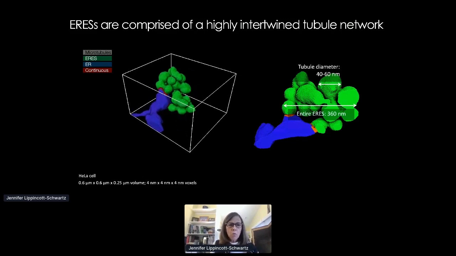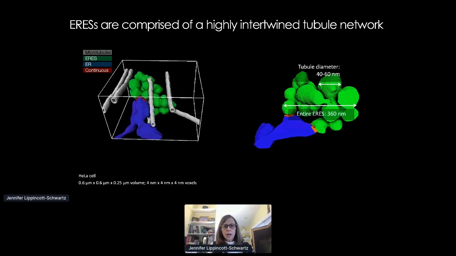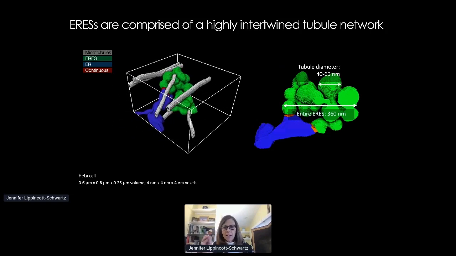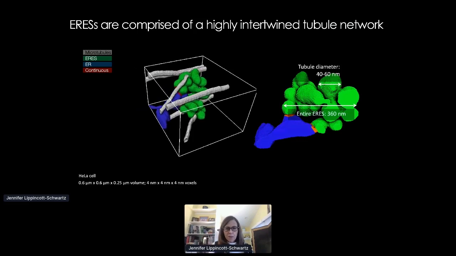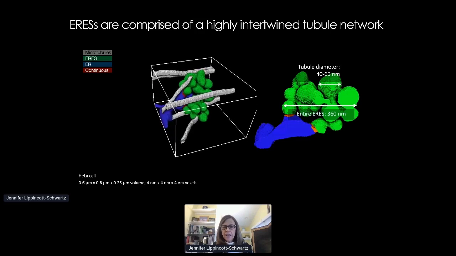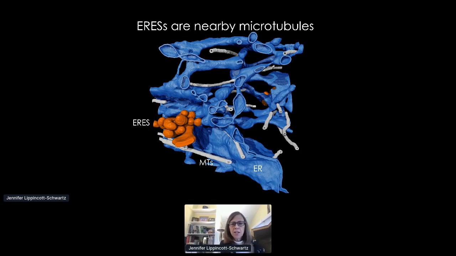And so what we found is that these ER exit sites are comprised of a highly intertwined tubular network. That network is closely associated with microtubules. It's attached to the ER by a neck, and it has characteristic tubule diameter. Here's just another example of one of these ER exit sites, highlighted in orange here in the context of the much more elaborate ER that's surrounding it.